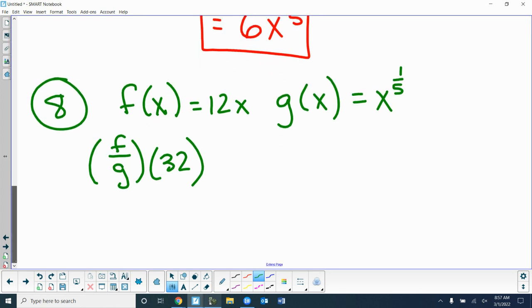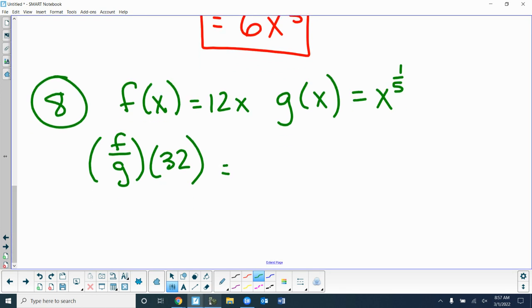Divide them. So we got f in the top and g in the bottom. What's the higher exponent, top or bottom for the x's? Top, right? So the x will stay in the top. And again, just like last time, I can change the 1 to 5/5. So this is 12 divided by 1, which is 12, right?